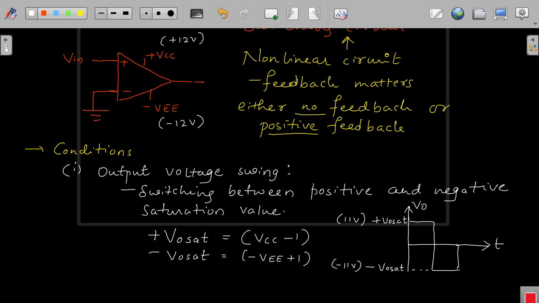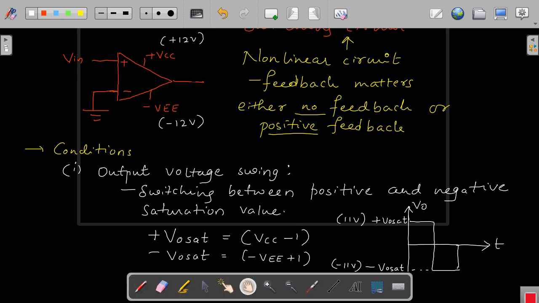There will be certain voltage drop taking place within the operational amplifier, because of which it may not be possible for us to have the output swing to the extent of the supply voltage values. Generally, as a thumb rule, it will be considered as plus 1 volt and minus 1 volt of the supply voltages. This is one point to be noted. So that is the output voltage swing. On so many occasions we will come across these things later.